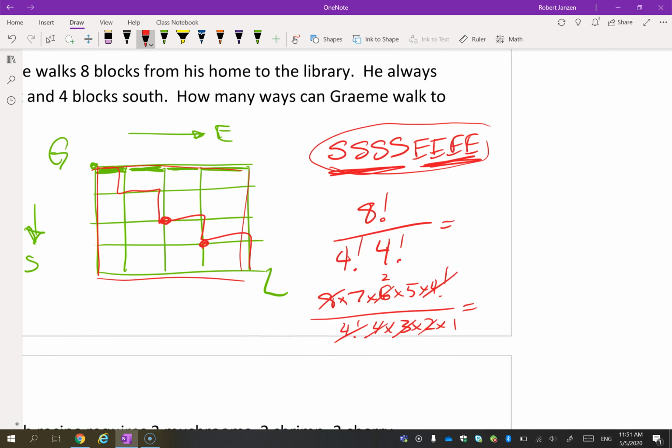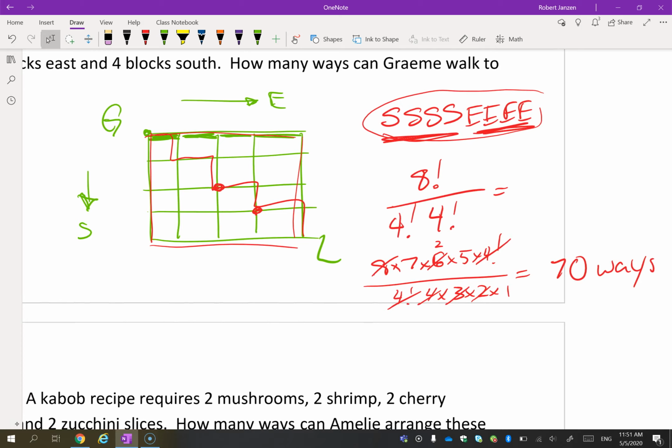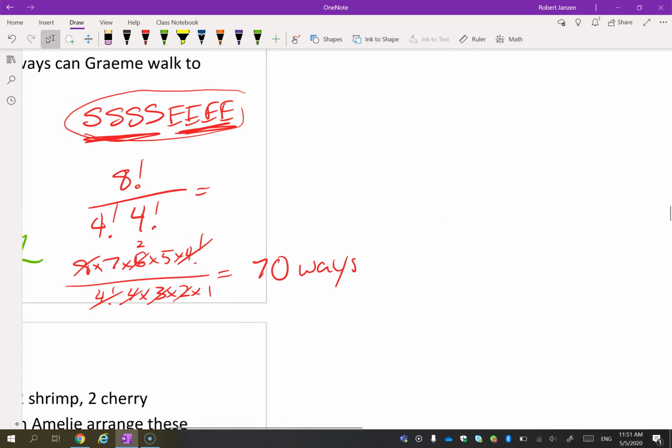So now I have 7 times 5, which is 35, times 2, which is 70 ways. By the way, thinking back to the original method, can you imagine counting up to 70 that way? All the different ways you'd have to do? Pretty tough job. Okay, you'll see one like this for sure in your homework, and then you see this type.